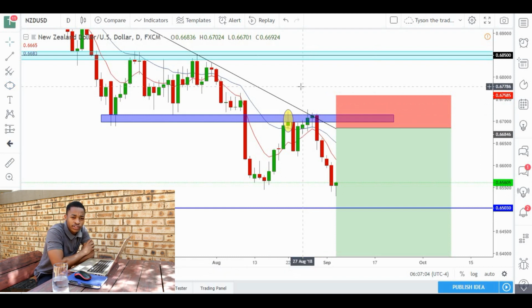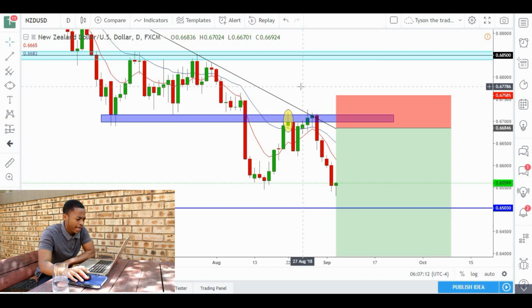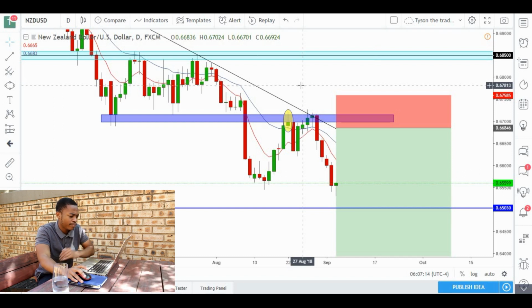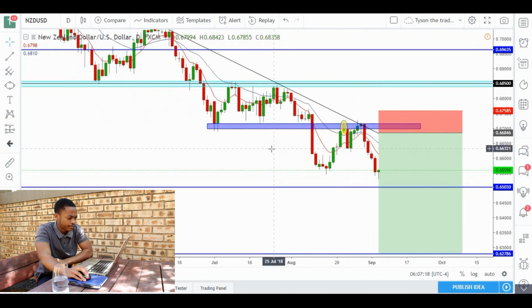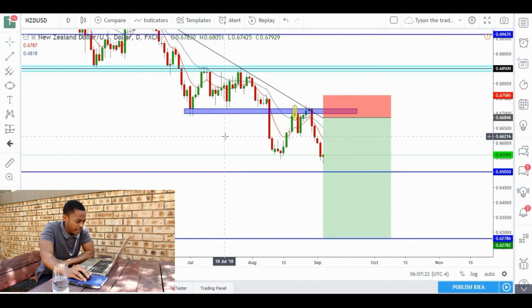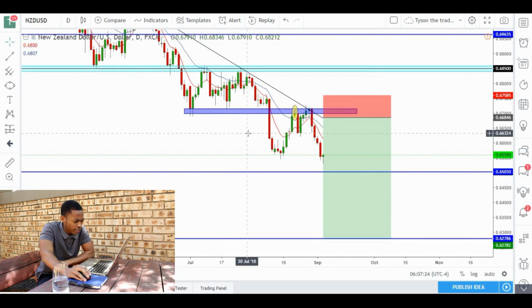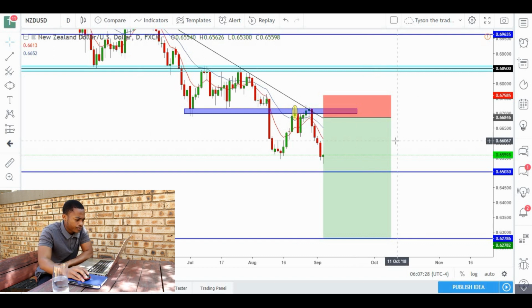This shows that price tried to break above this resistance level. However, the sellers were hammering this market lower and lower, and it ended up closing below this support level. So the bears won the battle. This was a trigger for us to enter into the trade, and as you can see, we entered the trade. We're currently running in profits in the member zone.